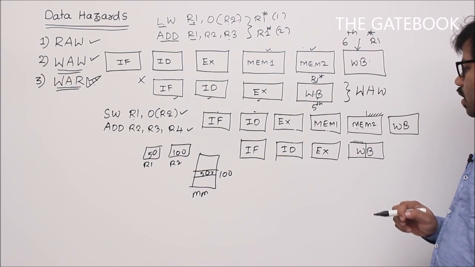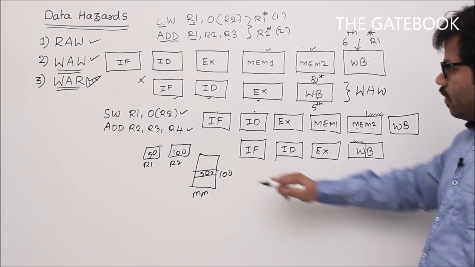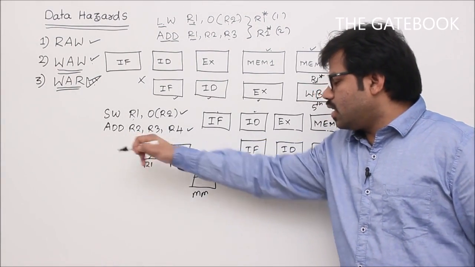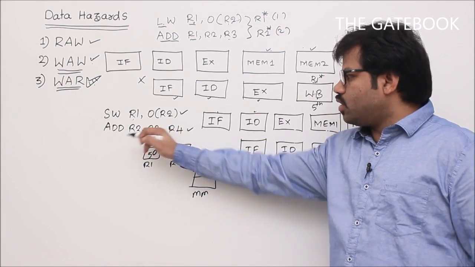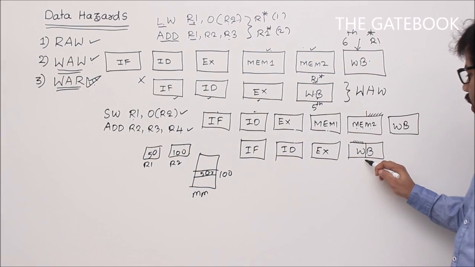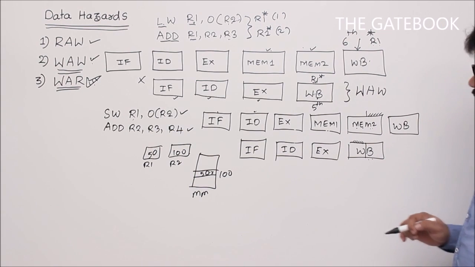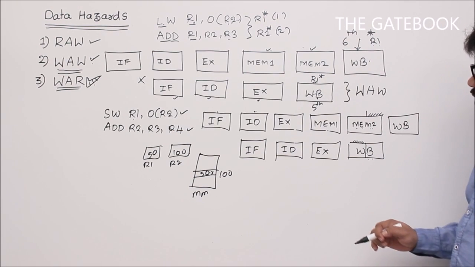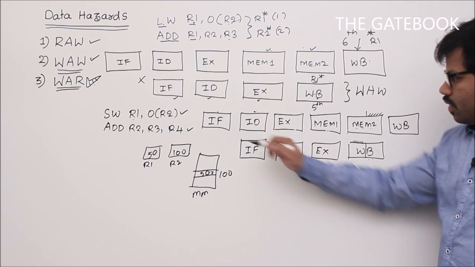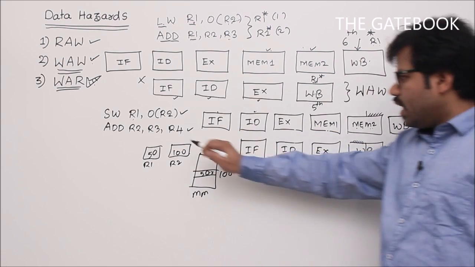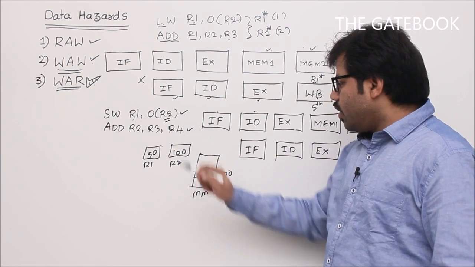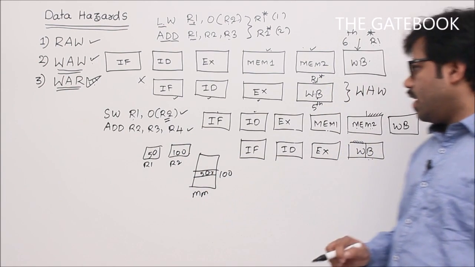Remember it. Now the second one is the add instruction. Add is adding R3 and R4, and it is storing the result in R2. That we will be doing in write back. If you carefully observe, this R2 is important for us, correct? What is R2's content initially? 100, correct?